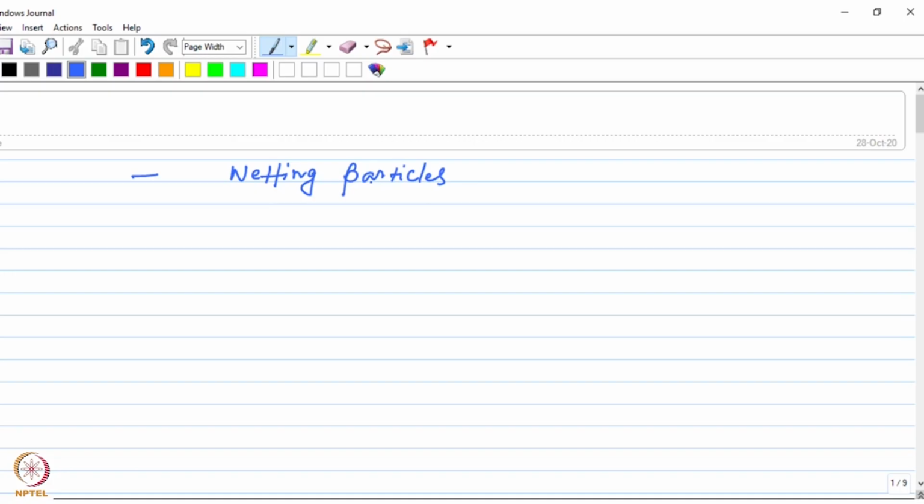And secondly, how the particles will be distributed when they are taken into the molten metal.